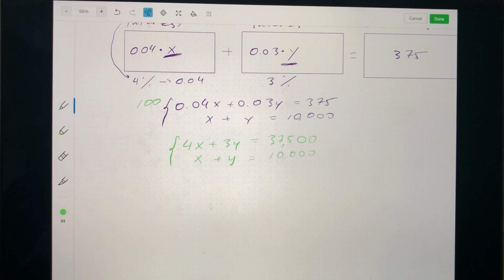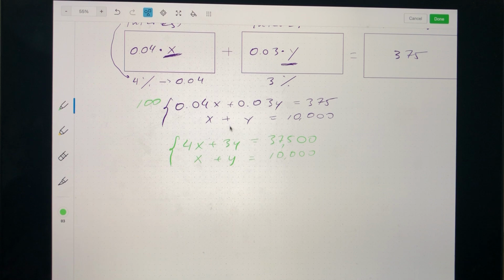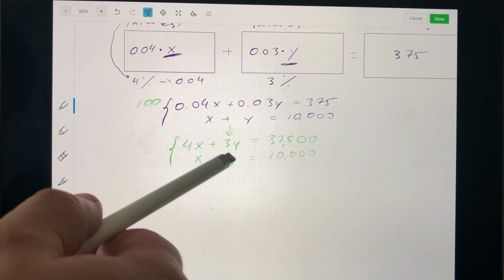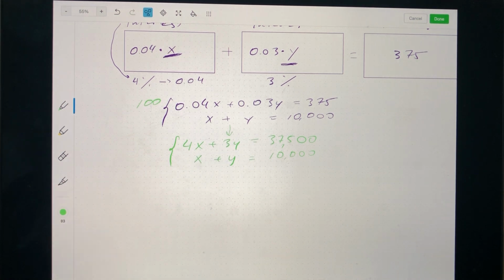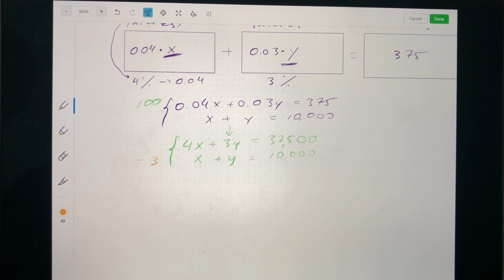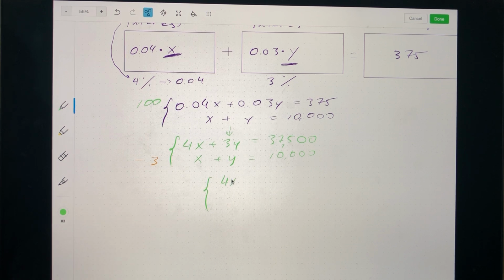Let's use elimination. To cancel the y, we need to have the same number in front of it with opposite signs. So the 3 is already positive. Let's make -3 for the y on the second equation, and that would allow us to cancel it. So multiplying all the way through by -3, here is the first equation, we'll copy it over because it's not changing: 4x plus 3y is 37,500.